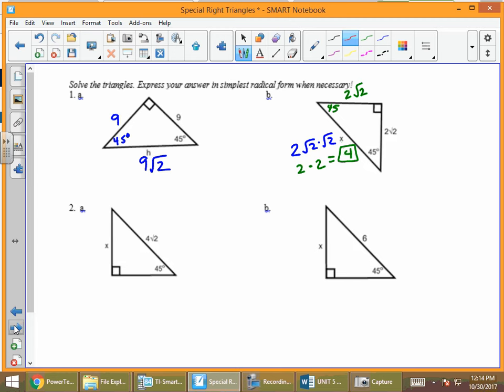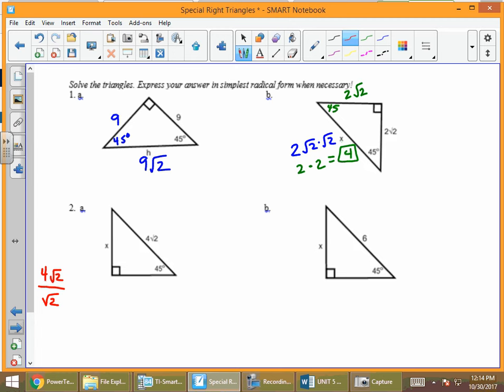If we take a look at 2A, were we given the leg or the hypotenuse? Hypotenuse, right? So if we were given the hypotenuse, are we multiplying or dividing? Dividing. What are we dividing by? Radical 2. This is really nice because what happens to our radical 2's?